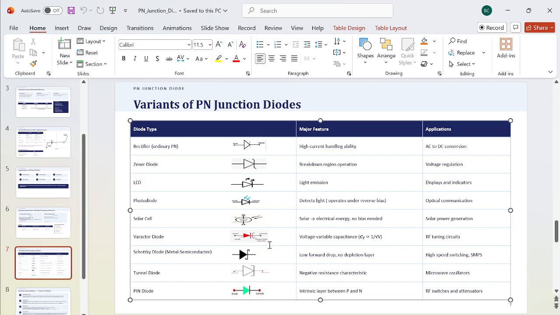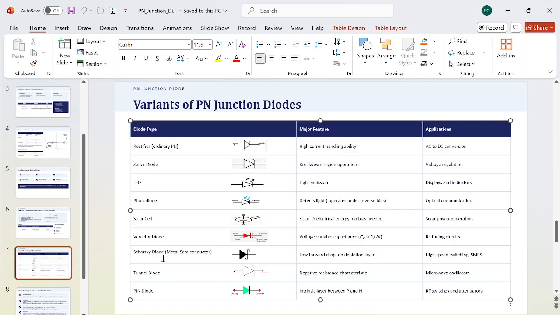So the PN junction is here used as a voltage variable capacitor. This varactor diode, whose transition capacitance is proportional to 1 upon square root of the applied reverse bias, is basically used in the tuning circuits of most RF devices, radio frequency devices.